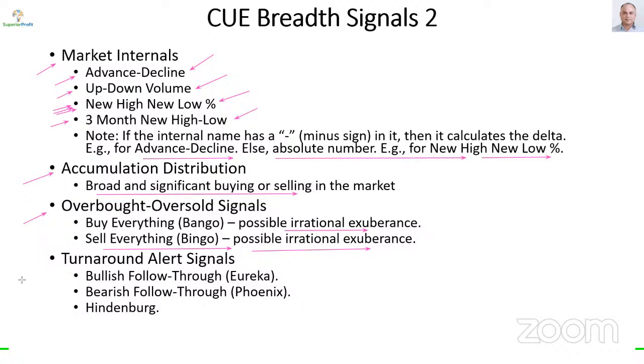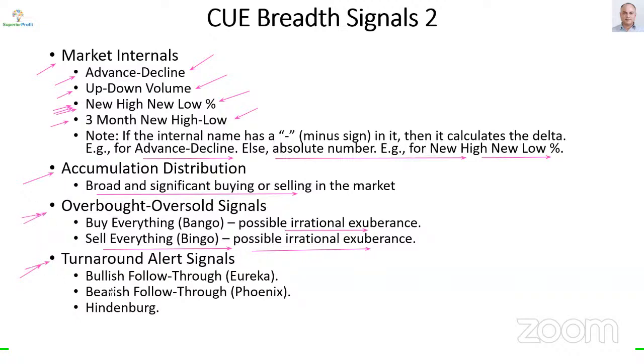So another category is turnaround alert. A turnaround may appear, or strength of the market may be changing after these signals. You see, this is also a different category. It's not custom index. It's not moving average calculation. It's not market internals. It's not accumulation distribution, not overbought, oversold.